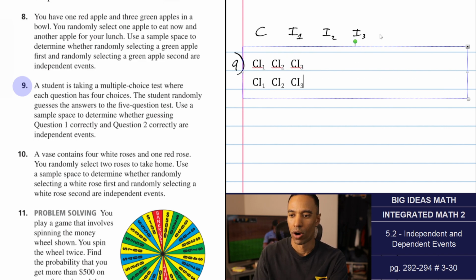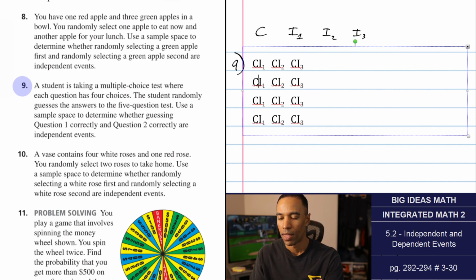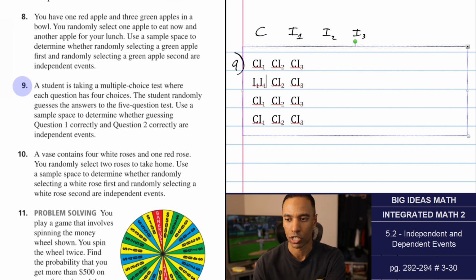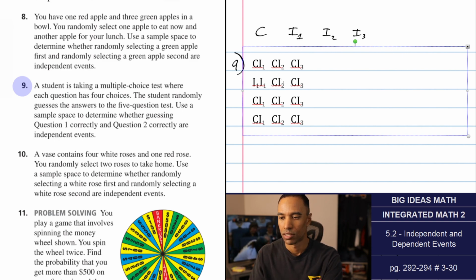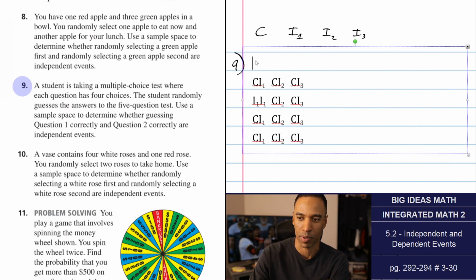Or you can get the first incorrect and the second incorrect. Let's start with this as the sample space.